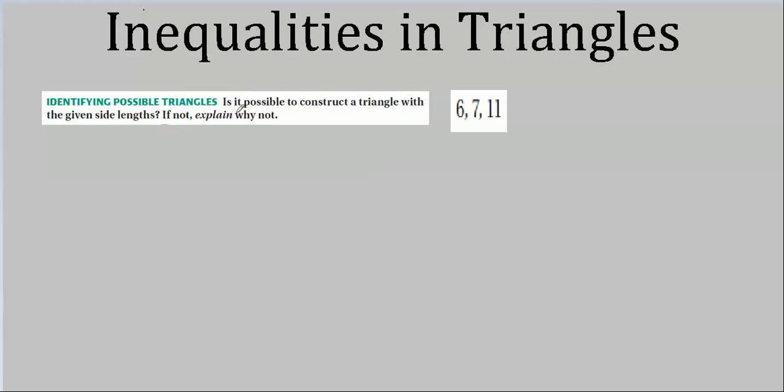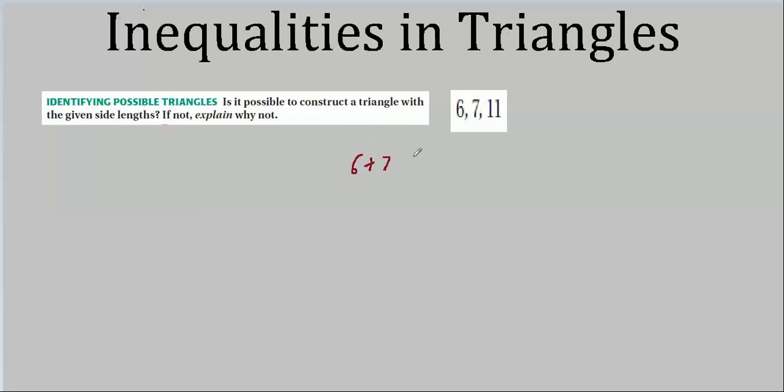So, how do we do this? Would it be possible to construct a triangle this way? Well, you just have to remember that the sum of any two sides has to be greater than the other side. For instance, 6 plus 7, we can just write it out, I guess.